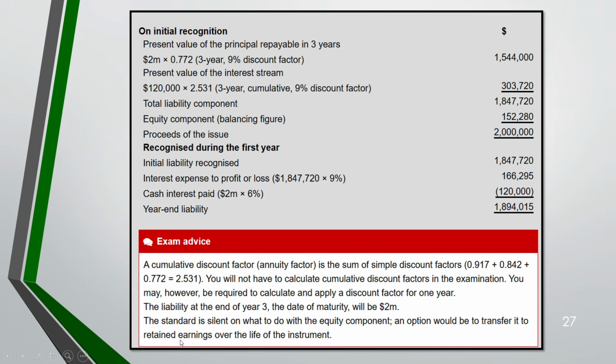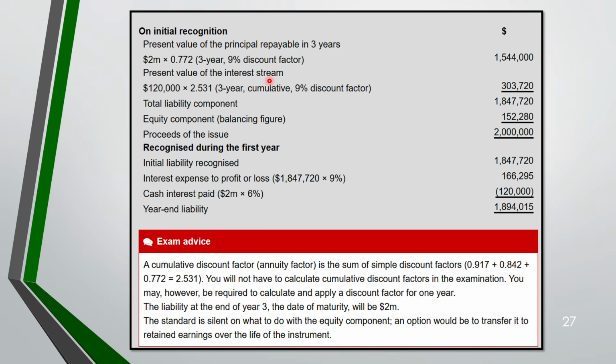So this is the solution for activity 1, where on initial recognition, we have to find the present value of both the interest income as well as the principal amount. So the principal amount was 2 million, and using the 9% discount rate in year 3, this was the present value.